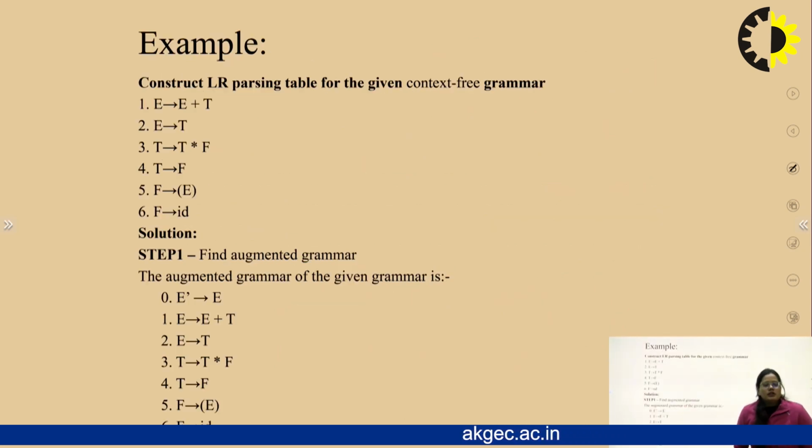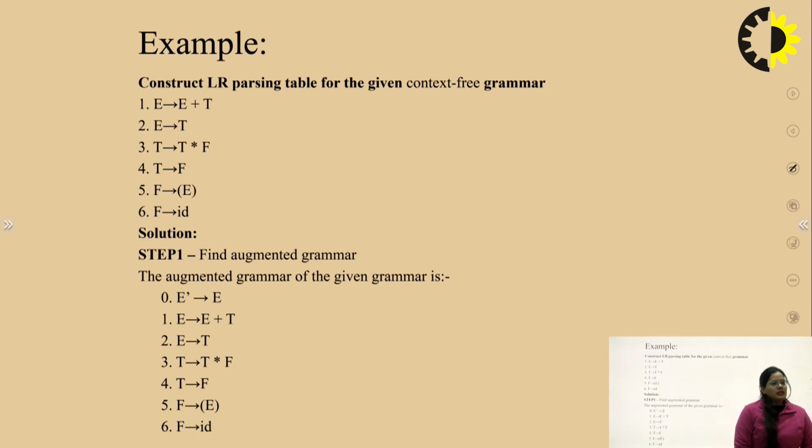Now, let's take an example. Construct the LR parsing table for the given context-free grammar. These are the production rules: E implies E plus T, E implies T, T implies T star F, T implies F, F implies open bracket E closing bracket, and last is F implies ID.